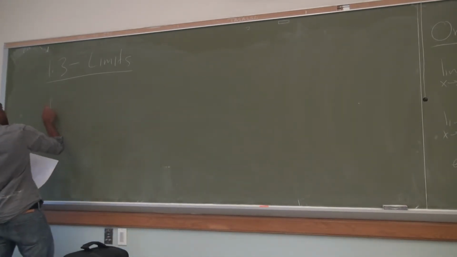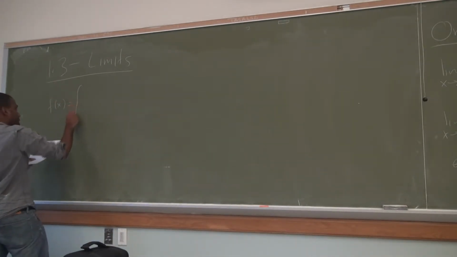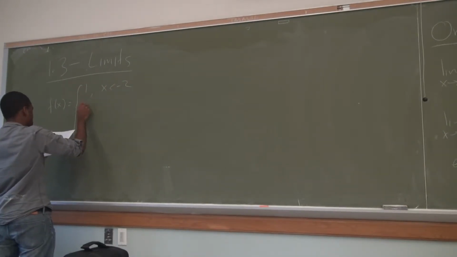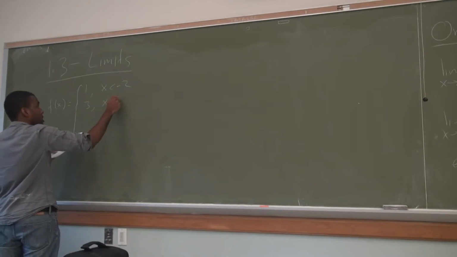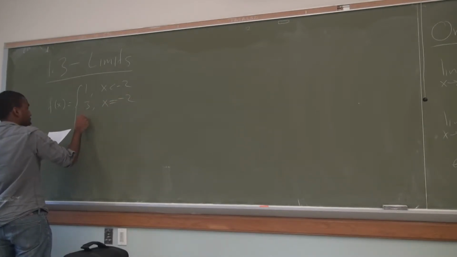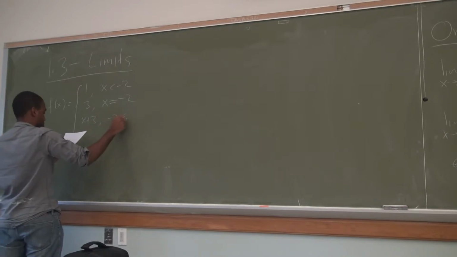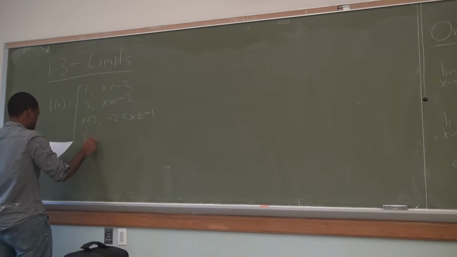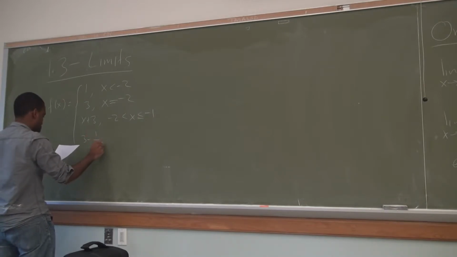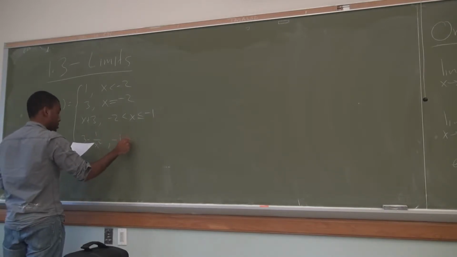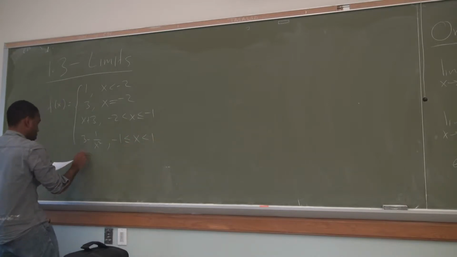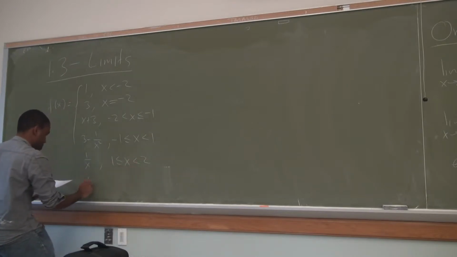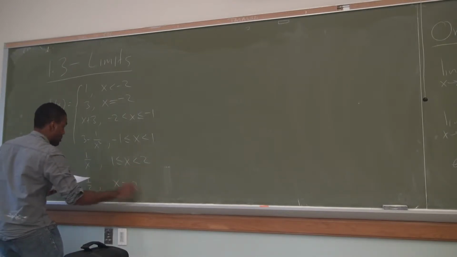Let's finally look at this function: 1 if x is less than -2, equals 3 if x is -2, x plus 3, 3 minus 1 over x squared, 1 over x, 1 over 2.